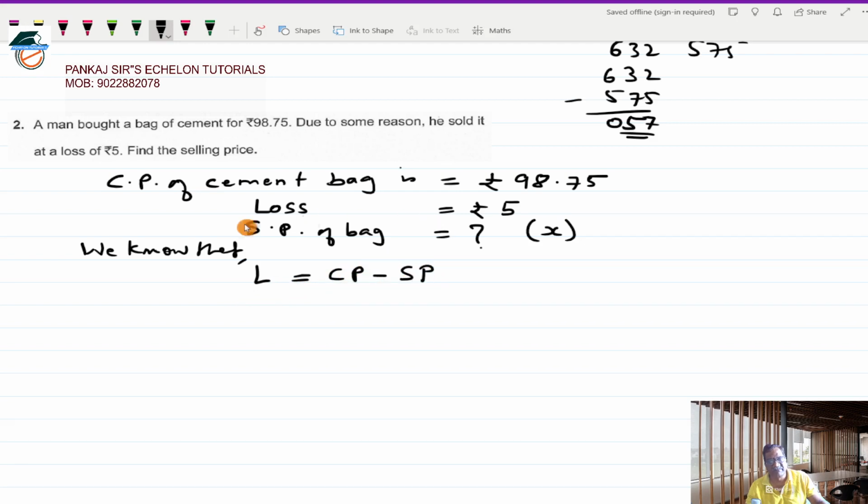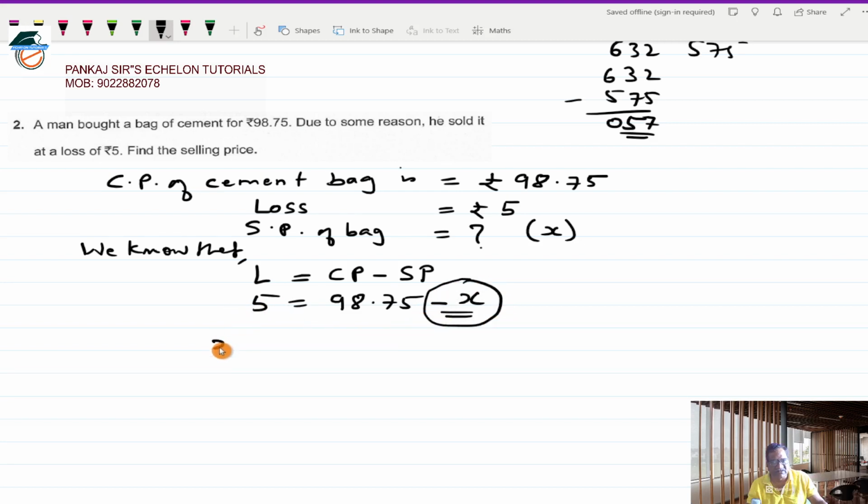Okay. Now plug in the values. Loss is rupees 5, so I'll write 5 over here. Cost price is rupees 98.75, so I'll write 98.75 minus selling price is how much? X. So I'll write X over here. Now again here you have to find out this X, so you have to make this X the subject. To make the X the subject, this X along with the negative sign, I'm going to take it on the left hand side.